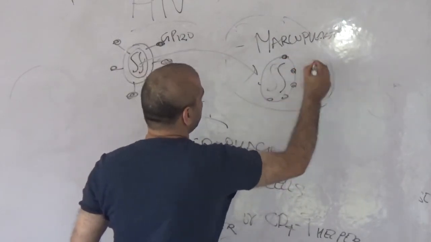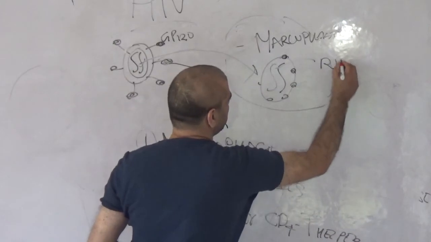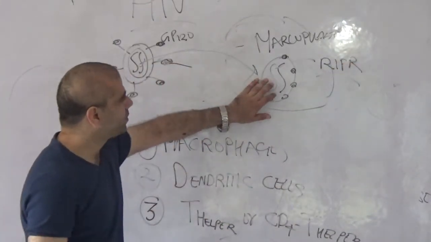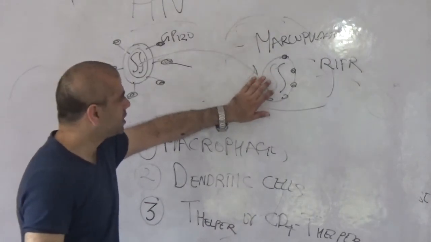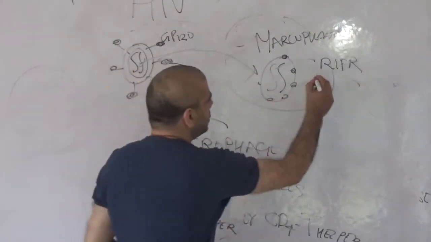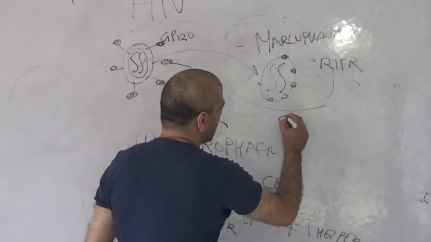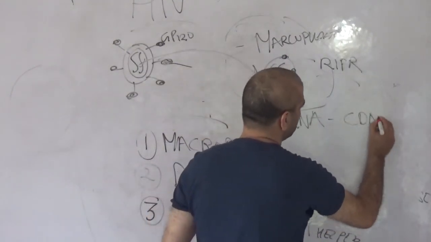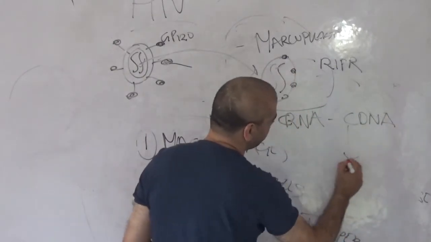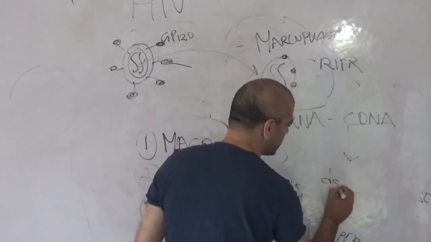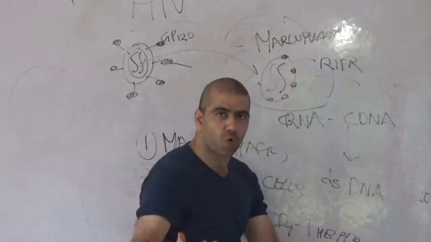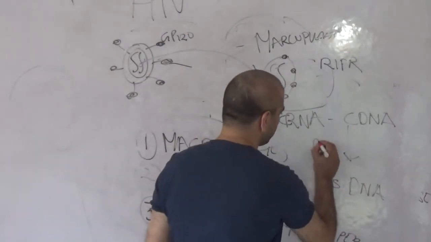And it has 4 kinds of enzymes. So once it goes inside, this single-stranded RNA gets converted into cDNA. And this cDNA finally gets converted into double-stranded DNA, and that is called proviral DNA.